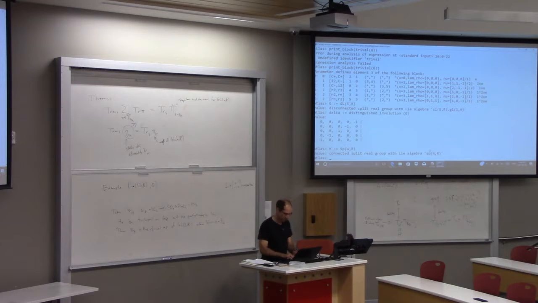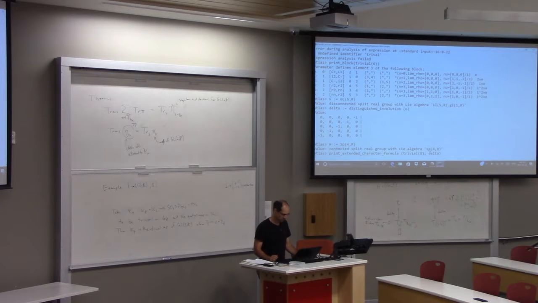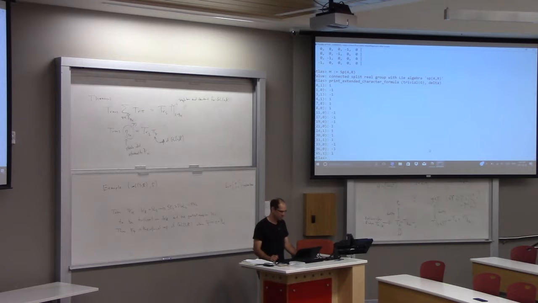Great. Okay. Print extended character formula, G delta. Thinking. There it is.